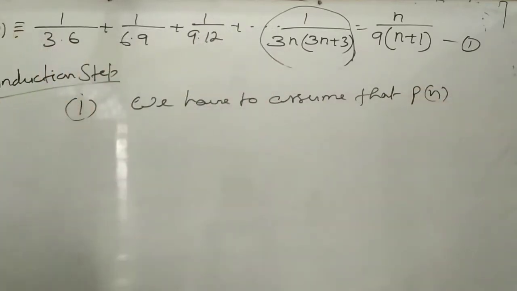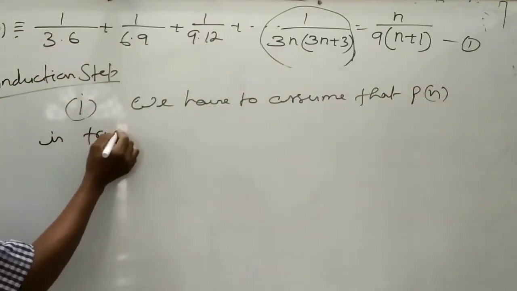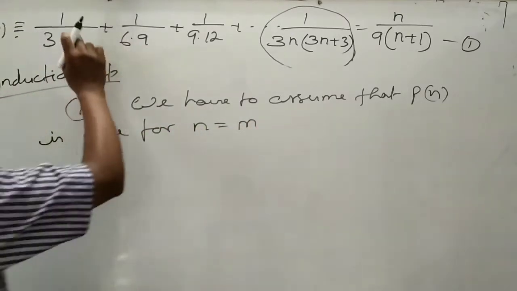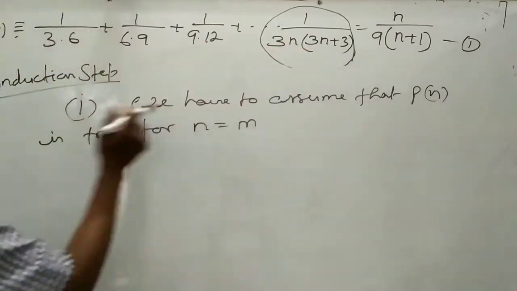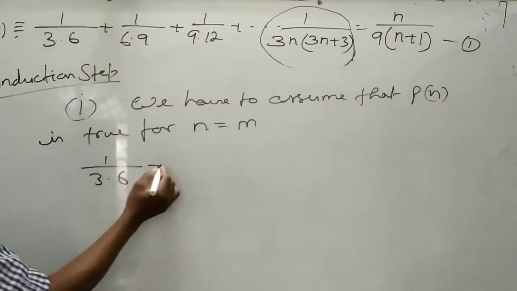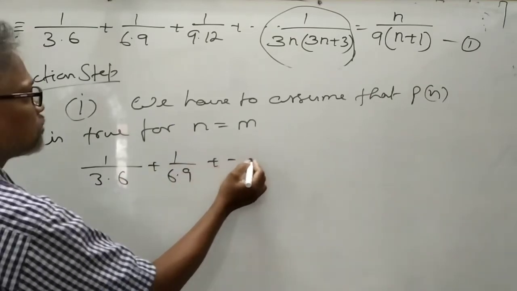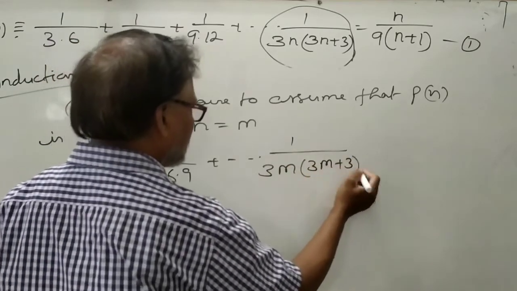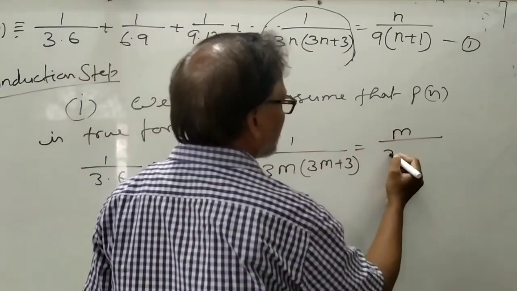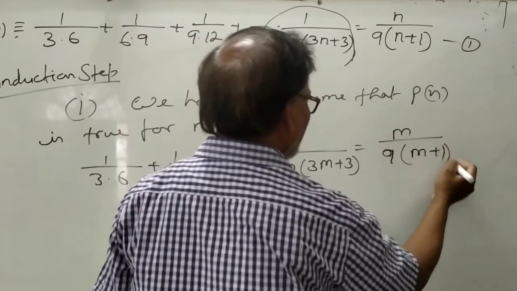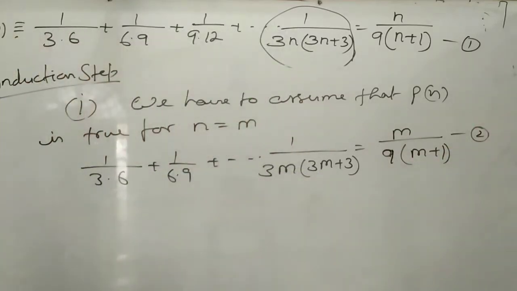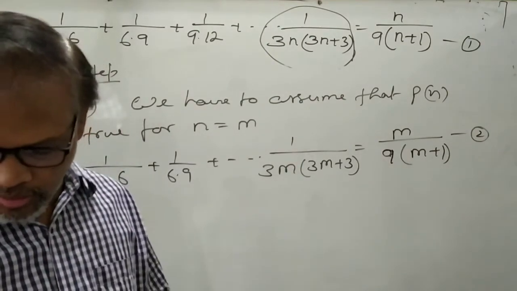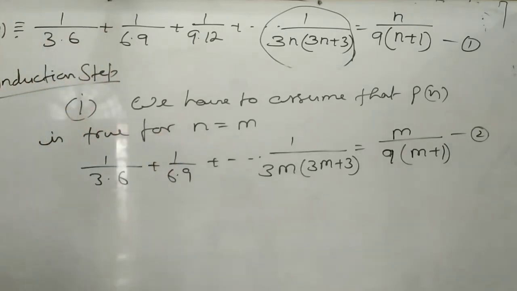Pn is true for, तो जो फर्स्ट इक्वेशन में n है इसकी जगह पे m रखना. This is the equation number 2. And this equation number 2, you will remain as this.